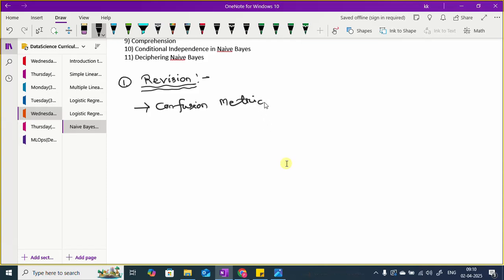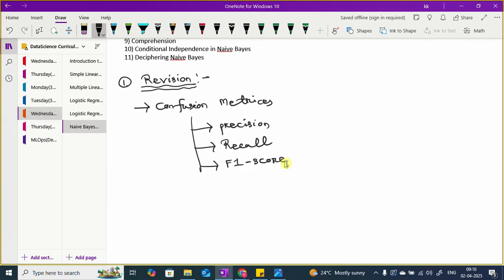Confusion matrices. So as part of that, we have seen different important parameters like precision, recall, then F1 score. Not only these three, way beyond precision, recall, F1 score, that is accuracy. Then we have seen sensitivity.